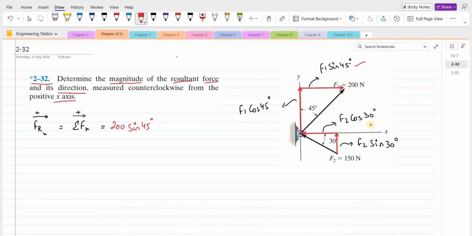And we also have F2 cos 30, and since it's directed in the negative x-axis, we take it as negative. The value of F2 is 150, so it's 150 cos 30. Upon simplification, Frx comes out to be 11.52 newtons.